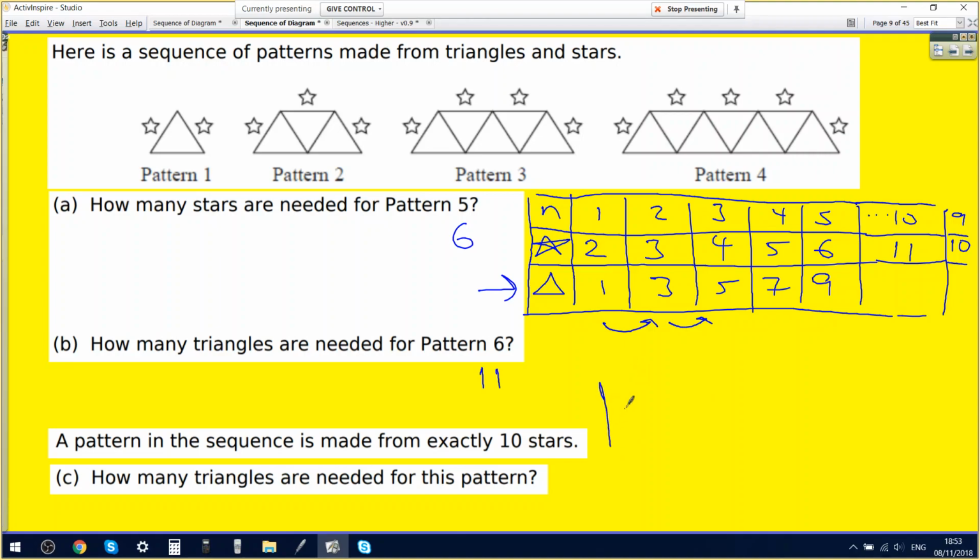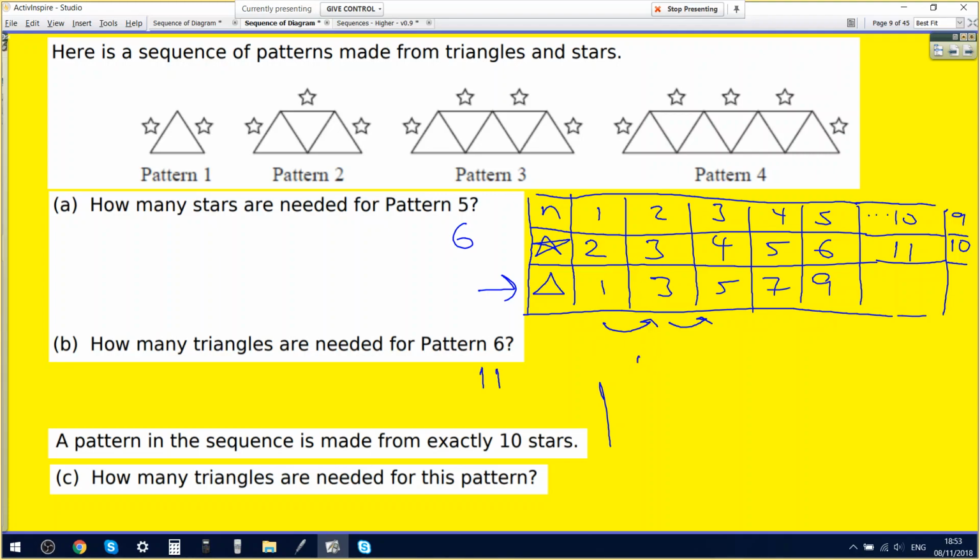I said it a minute ago, wouldn't it be 1n plus 1? That's for the stars. For the triangles? I don't know, it keeps on going up by 1. No, the triangles, the bottom one. Yeah, I know, it goes up by... I don't know how you describe it, but it goes up.